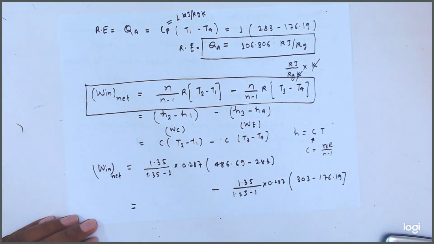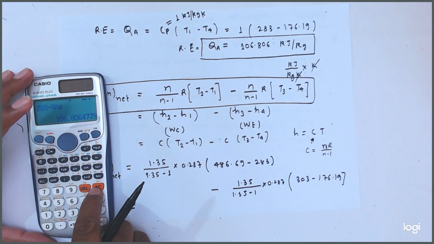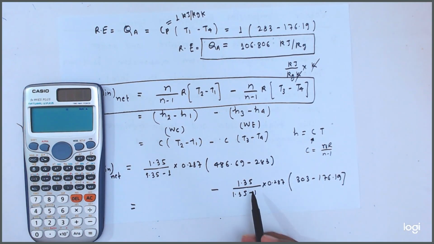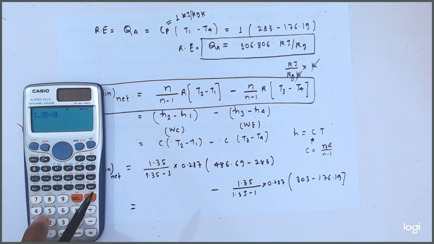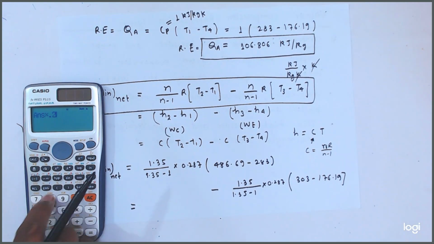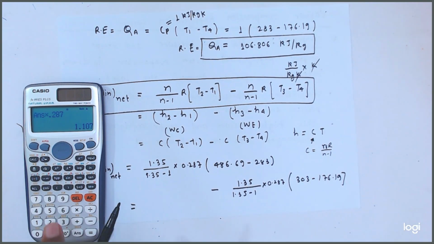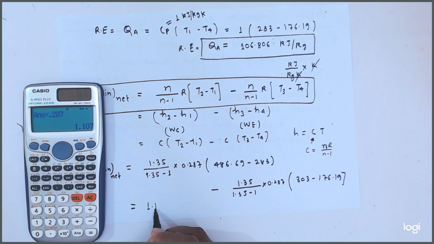So we can find the value here. This term is the same in both cases: 1.35 divided by 0.35 into 0.287 gives 1.107, which we take common.